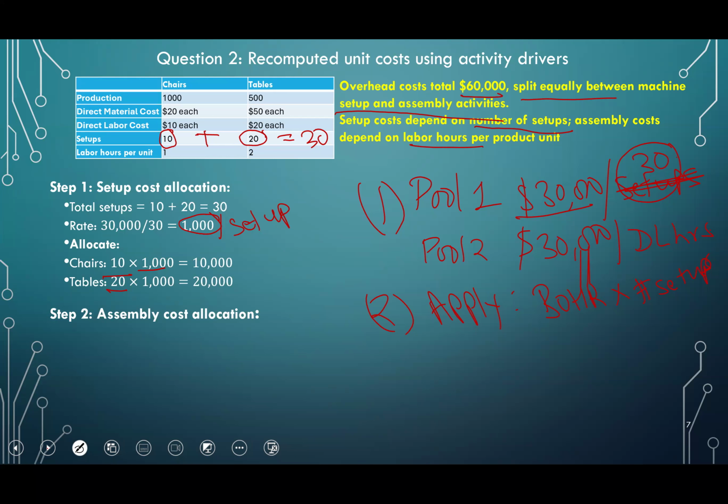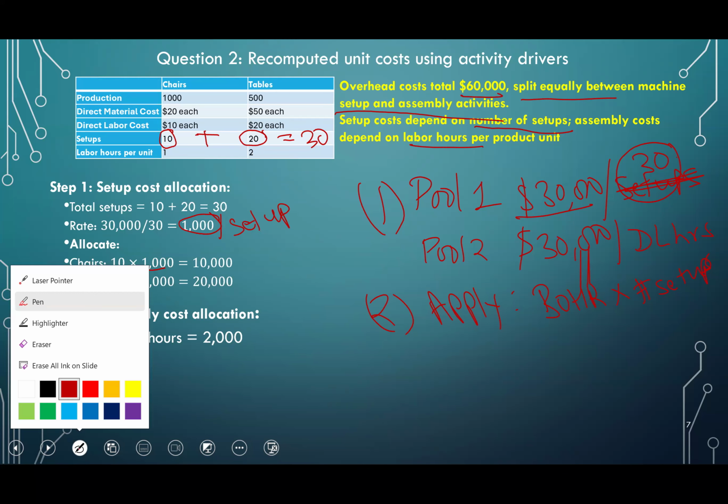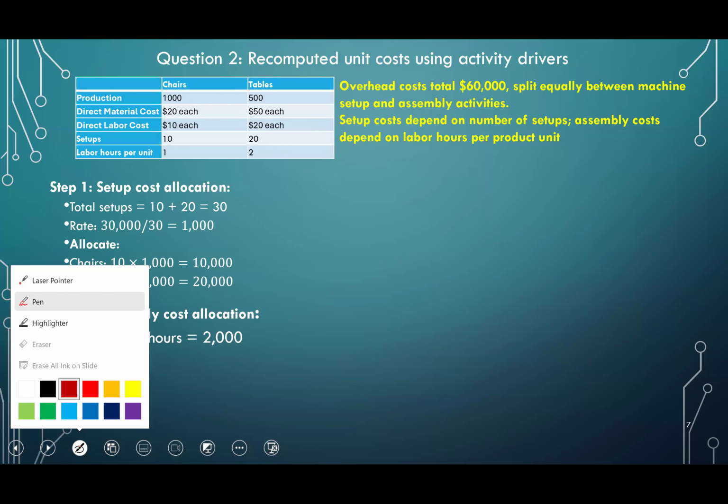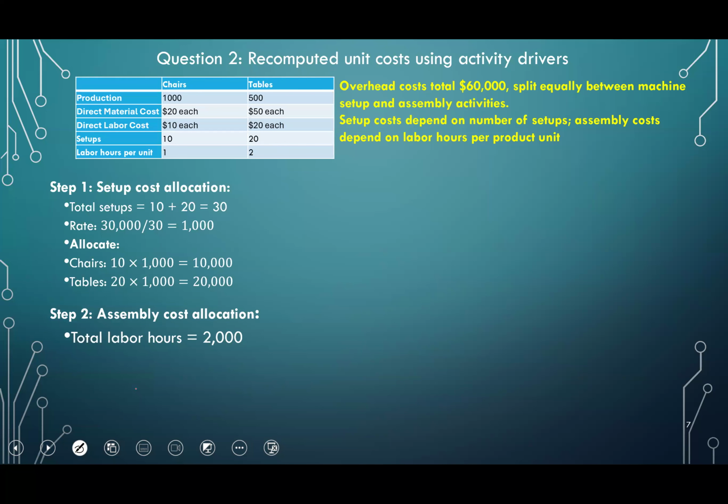I take the dollar amount and I divide it by the number of labor hours. Can you recall? Let me erase this one. Can you recall how did we come to this 2000 total labor hours?